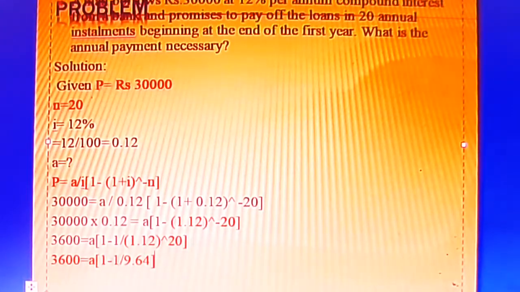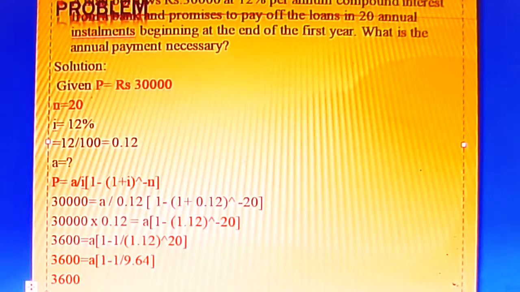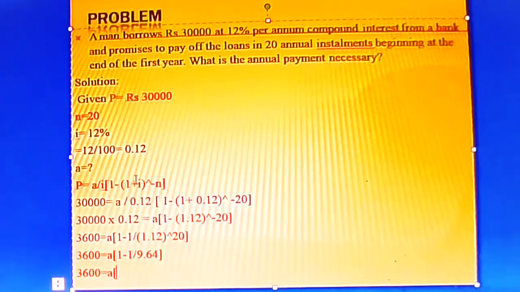Alright friends. Either you can divide this and give me the answer, it's up to you, or you can cross multiply. So what I'm going to do, the next step is A times, and we will divide this.